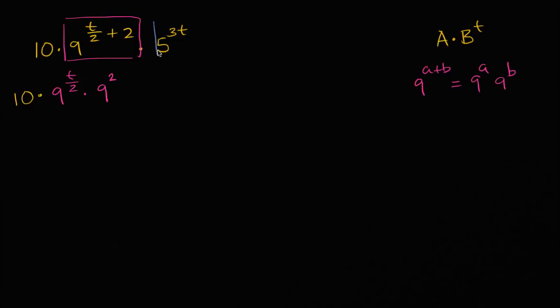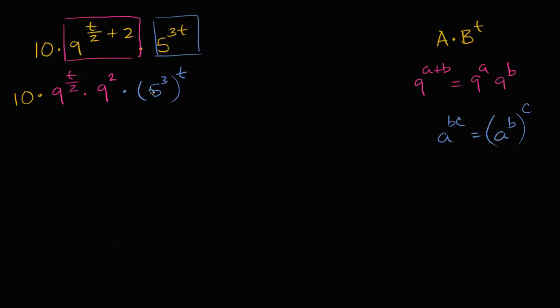Now let's move over to 5 to the 3t. Well, if I have a to the bc, so you could view this as 5 to the 3 times t. This is the same thing as a to the b, and then that to the c power. So I could write this as 5 to the third, and then that to the t power.